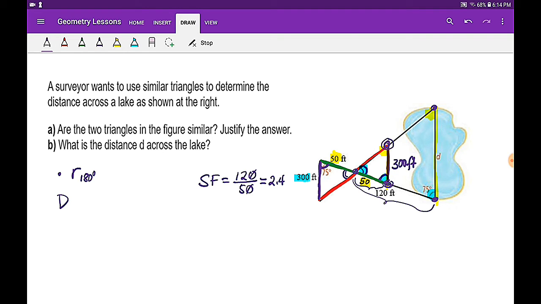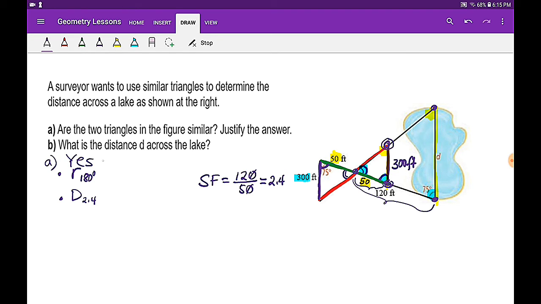So the scale factor is 2.4. So after doing a rotation, we can do a dilation with a scale factor of 2.4. All right, so for part A, our answer is yes, they are.